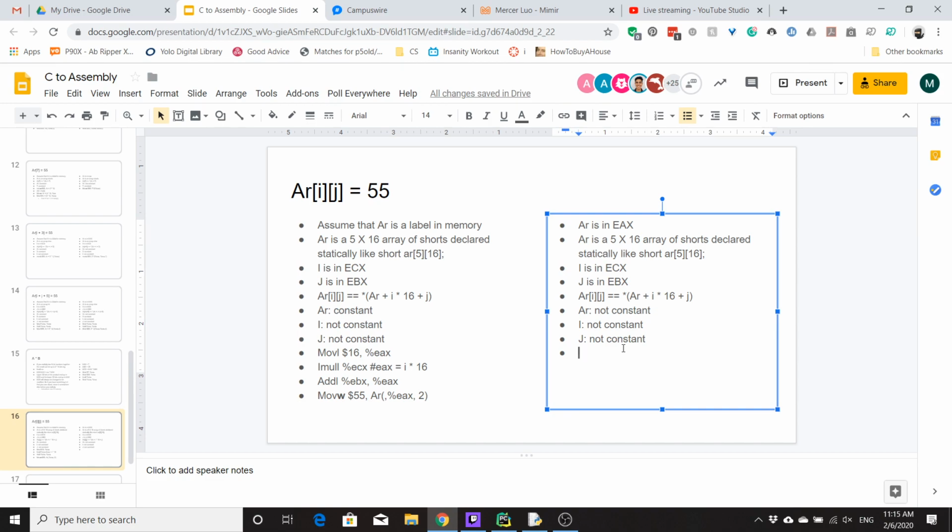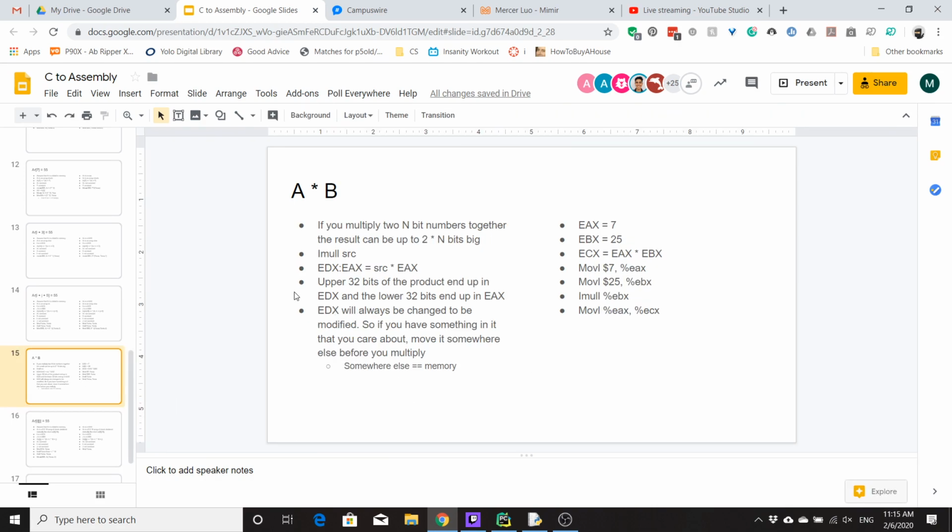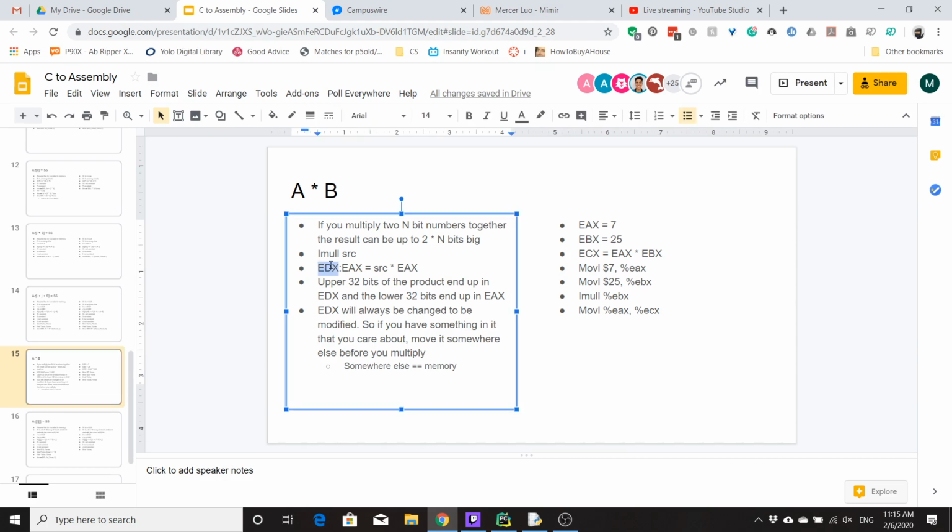we have to move it somewhere else, right? So movl percent EAX to where? Well, we can't put it into EDX because when we do the multiplication, what would happen to it? We can't move EAX to EDX because it would be overwritten by the multiplication. Remember, we have two other registers, ESI and EDI, that we can work with. Either one of them will be fine to use.